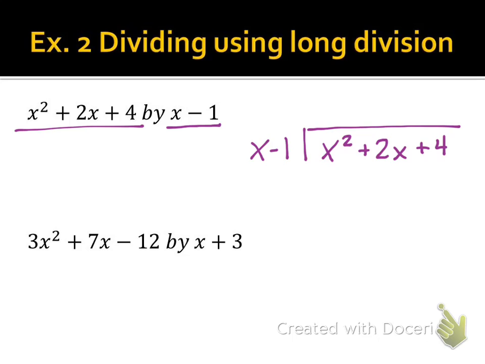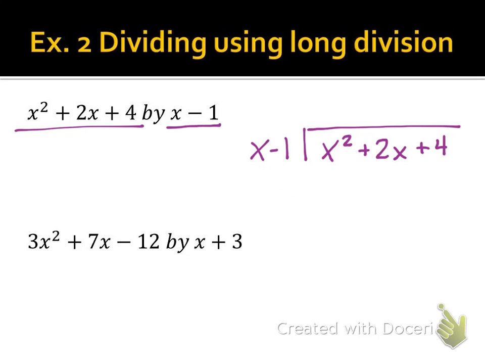Okay? So what you want to do now, everybody paying close attention because it's really not hard, but it's easy to get confused if you don't listen, okay? This is all you have to ask yourself. What would I need to multiply by this x right here that I have on the outside to make it identical to x squared? x, okay?